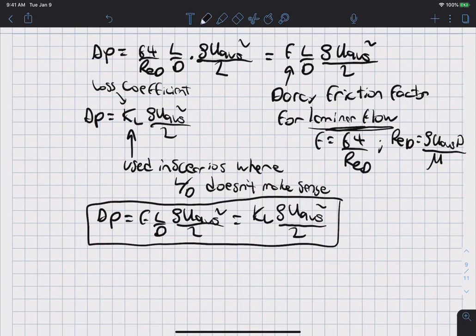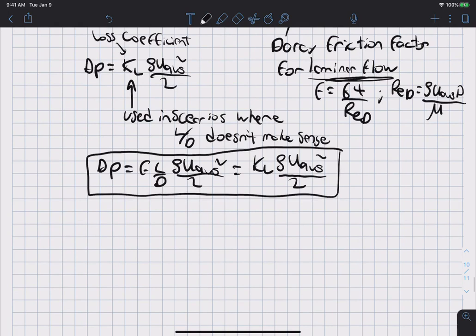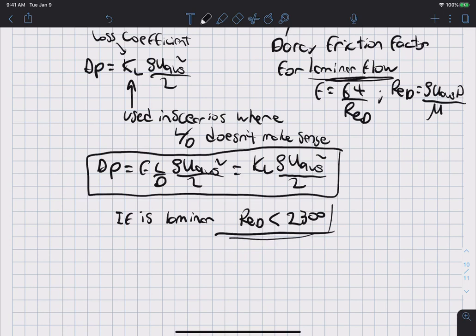For laminar flow, it's just equal to 64 over Re_D. And now, how to determine if a flow is laminar. If a flow is laminar, Re_D is less than 2300. That's a good practical criterion for a laminar flow: the Reynolds number of the flow in the pipe is less than 2300.